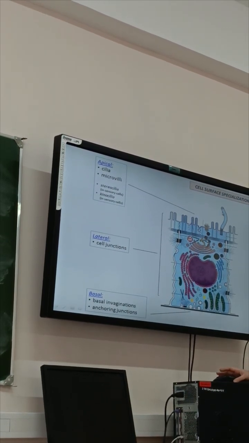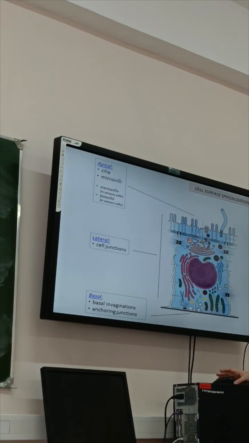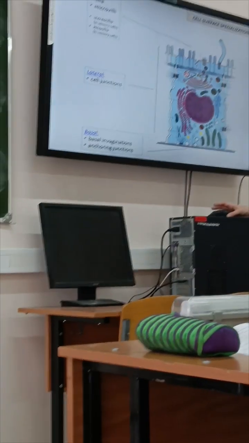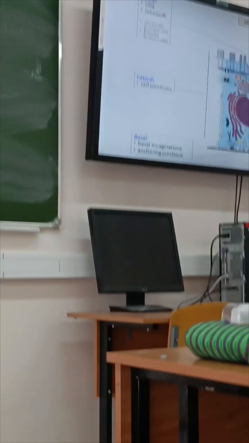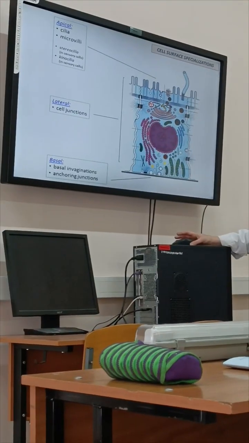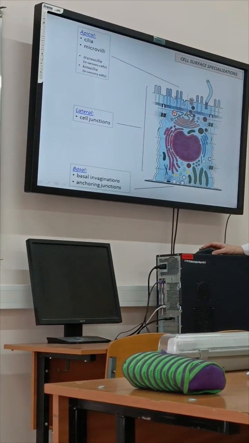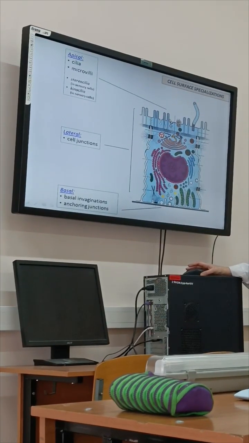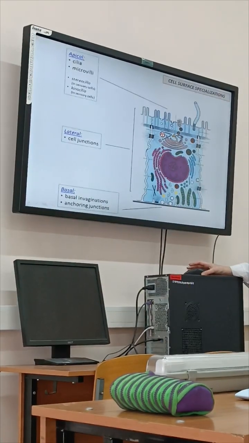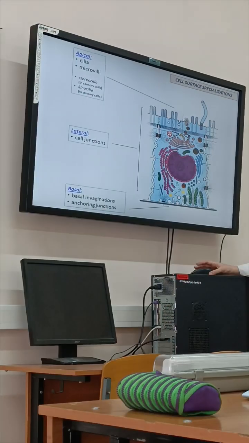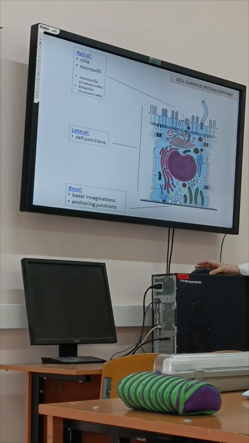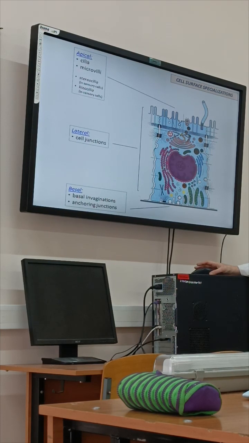Cilia take part in movements. For example, in the respiratory system, they move particles that we inspire out of our organism. Microvilli we can find in the cells of the intestine. The main function of them is absorption. That's why it's necessary to increase cell surface, and that's why we can find microvilli.